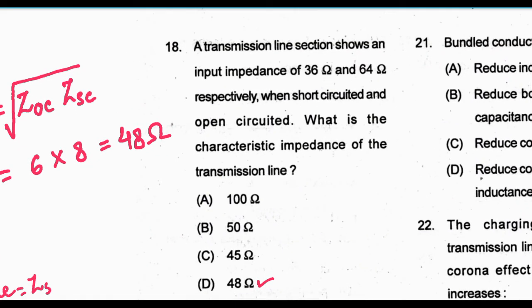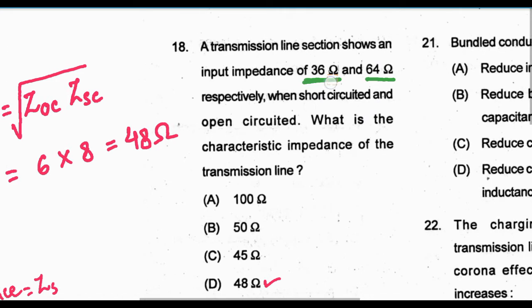A transmission line section shows input impedances of 36 ohm and 64 ohm respectively when short circuited and open circuited. What is the characteristic impedance of the transmission line? Short circuit and open circuit impedances are given, and we have to find the characteristic impedance.